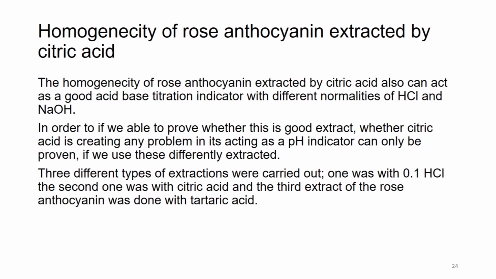A similar exercise was done to check the homogeneity of the rose anthocyanin extracted by citric acid, and the same results were obtained. That means that whether we are using 0.1 normal HCl versus 0.1 normal NaOH, whenever 1 drop is added, the equilibrium shifts to one side, and when that is added in excess, the equilibrium shifts to the other side.